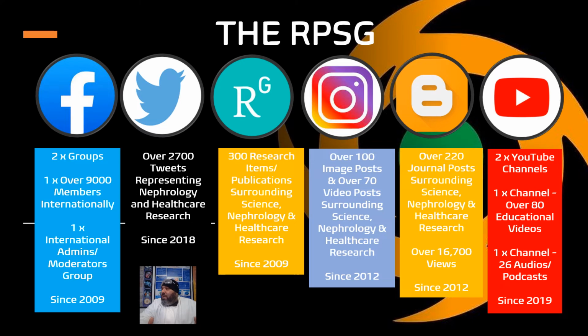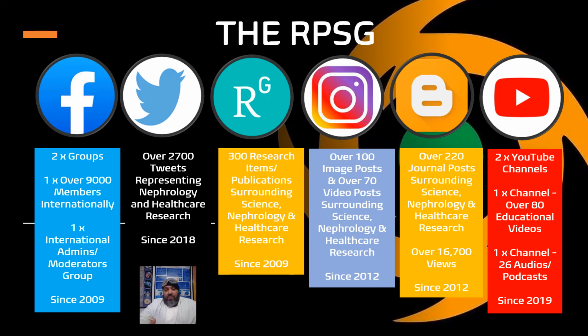Now I'm just going to highlight when these particular social media platforms in line with the RPSG had been implemented. The two Facebook groups were implemented in and around 2009, although the admins and moderators Facebook group was implemented perhaps a little bit later.